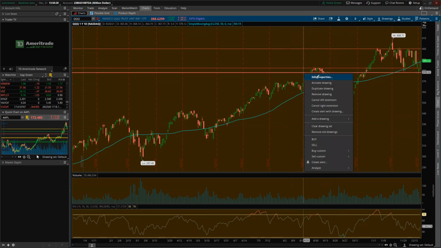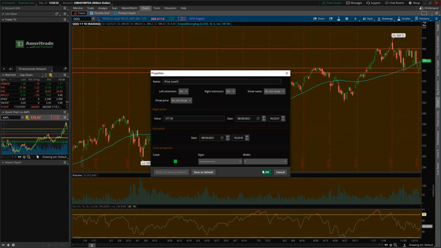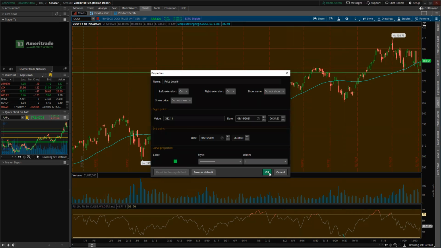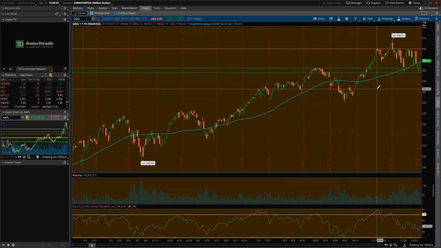And I'm going to just change these colors to green because these are actual support areas here. There we go. Now, looking at our chart and where it closed, we can see that on this day, we have an inverted hammer off of the 50 simple moving average, and it is nearing our buy zone.